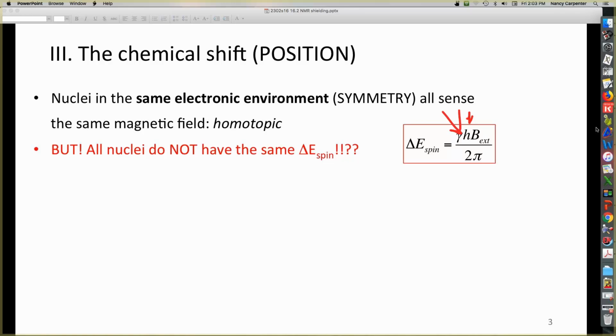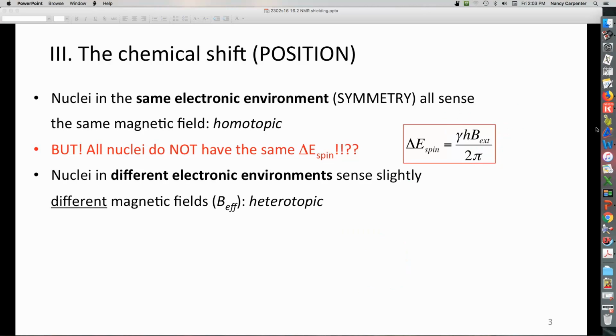Those are both constants, and our magnet is our magnet. So wouldn't all hydrogens show up at exactly the same place because this corresponds to this gap right here? I absorb energy, I show up in the spectrum, one line. I'm done. Well, no, and that's a good thing.